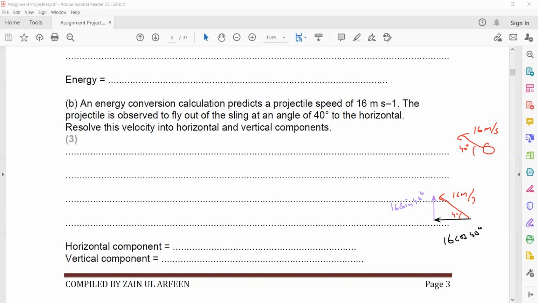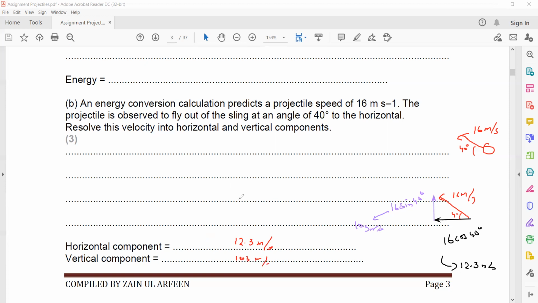So 16 cos 40 is 12.3 meters per second, and 16 sine 40 is equal to 10.3 meters per second.